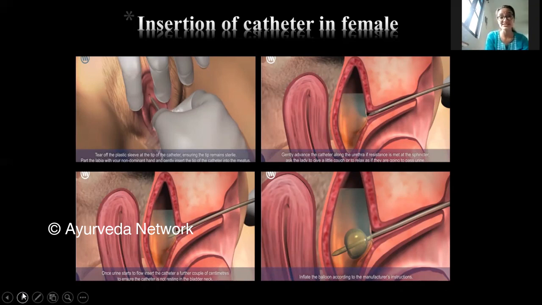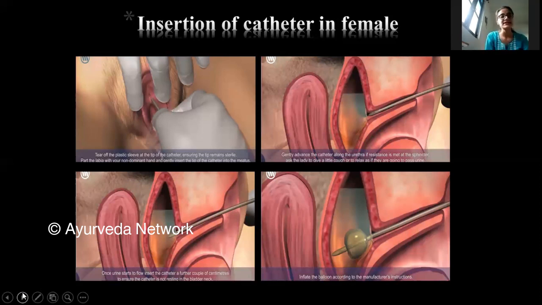Now, I think we should discuss here what the utility of normal saline is, or why we are using only normal saline or distilled water. Both are indicated. Commonly, we use normal saline. But if you have to catheterize the patient for a long term, you won't use normal saline. Why? Because normal saline has crystals of sodium chloride, and if you use it for a longer period of time, crystallization may happen, and then you won't be able to deflate the balloon.